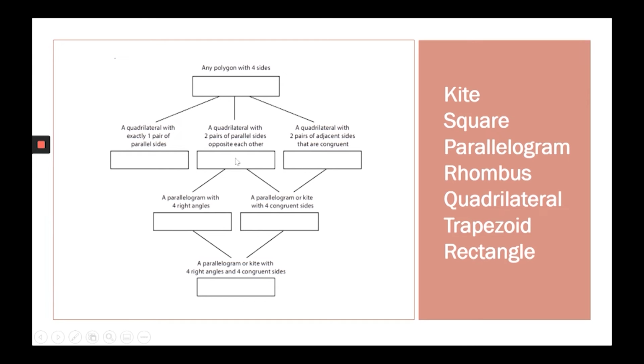Here, you'll put a quadrilateral with 2 pairs of parallel sides opposite each other. Here, you'll put a quadrilateral with 2 pairs of adjacent sides that are congruent. Then we move down to a parallelogram with 4 right angles, a parallelogram or kite with 4 congruent sides, and then a parallelogram or kite with 4 right angles and 4 congruent sides.